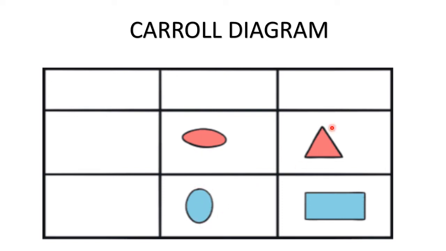And here we have a triangle and a rectangle in the second column. So we could have ovals, or we could have shapes with curved lines. So if this is curved lines, the rule here will be not curved lines.